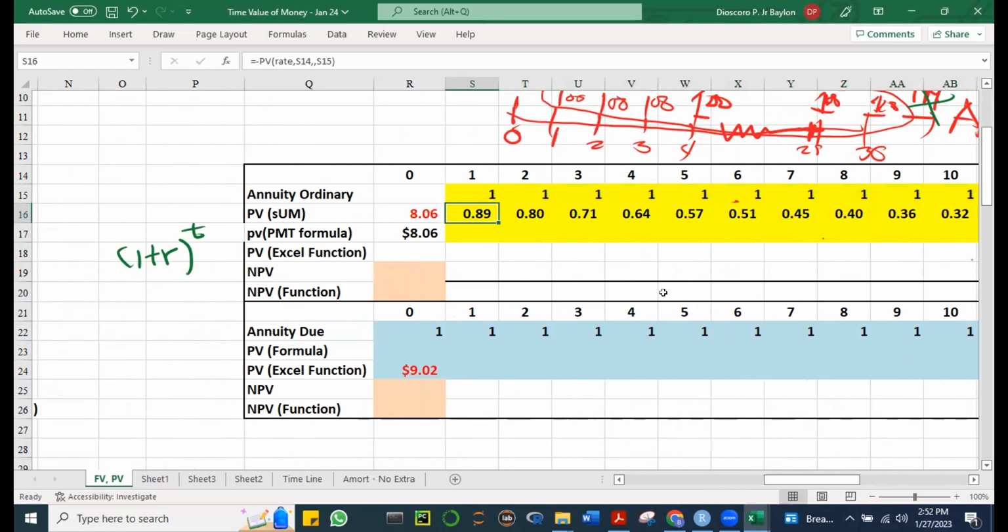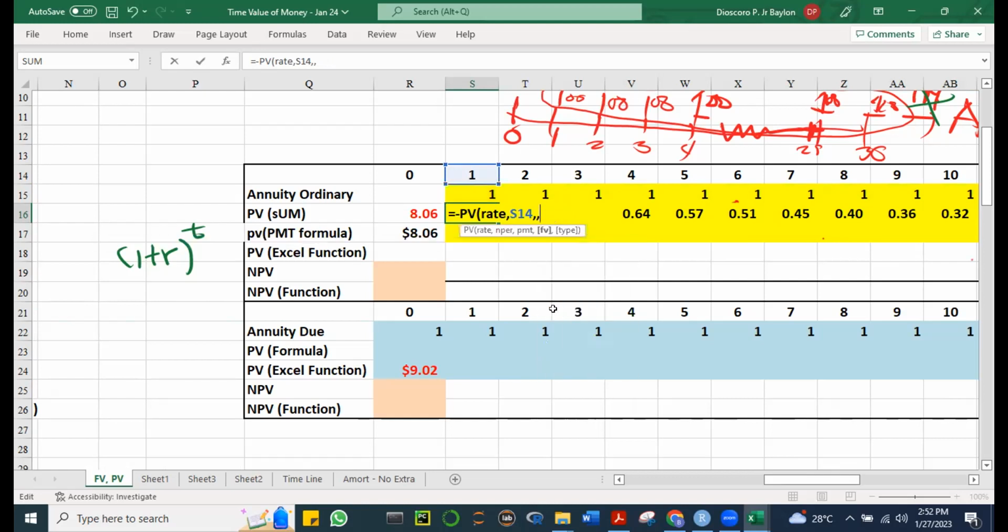Here, what we did was compute the present value of this cash flow of 1. How much is this at year 0 now? So you compute all of these different cash flows at different time frames. You compute their present values.